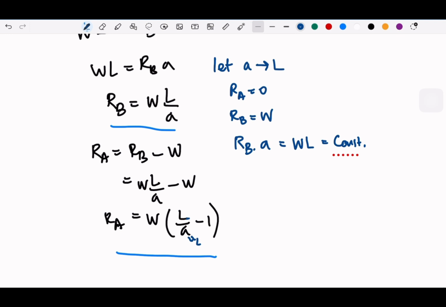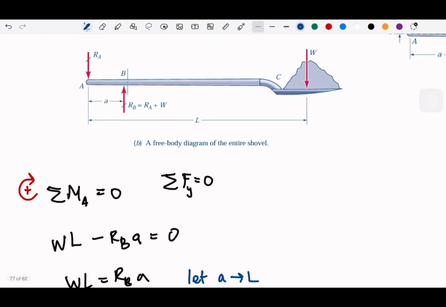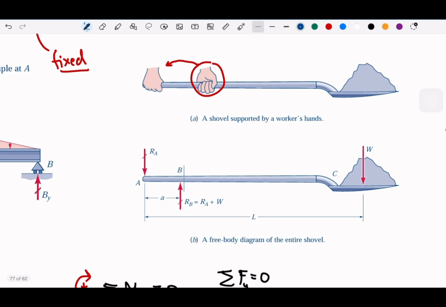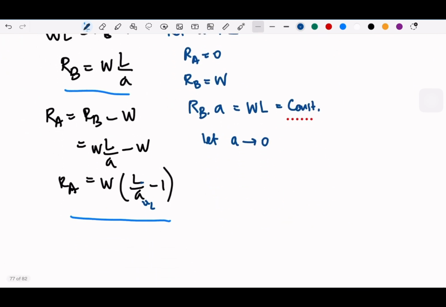But if we make A equal to 0, which means this is going to the left, then RA will be L divided by 0, which is infinity, and RB is the same.